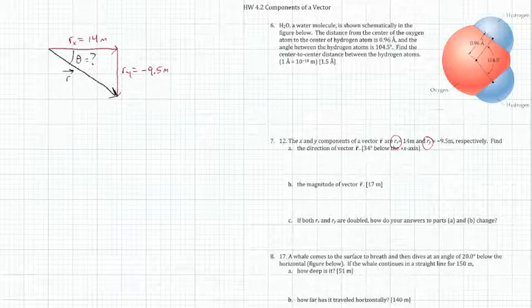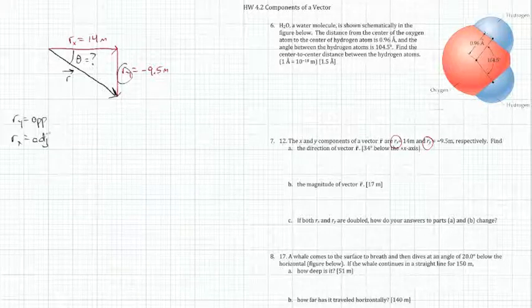This angle theta right here, we know two sides of this triangle, and the two sides are the opposite of theta, as Ry right here is the opposite. So Ry equals opposite. And Rx is our adjacent. Theta is what we don't know, and we want to solve for theta.